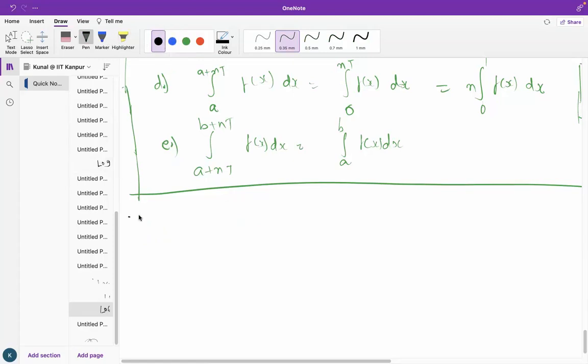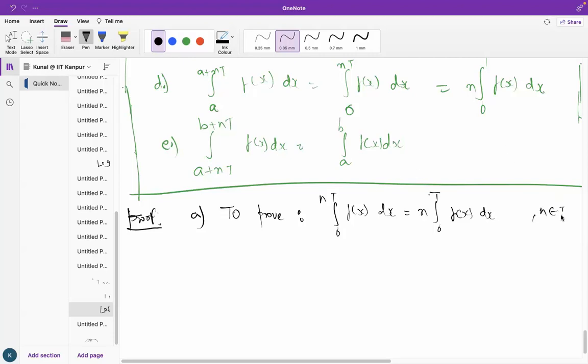What we actually have to prove first is that integrating from 0 to nT, f(x) dx is equal to n times the integral from 0 to T, f(x) dx for just one period, where T is the period and n belongs to the integers. So let's try to prove it.